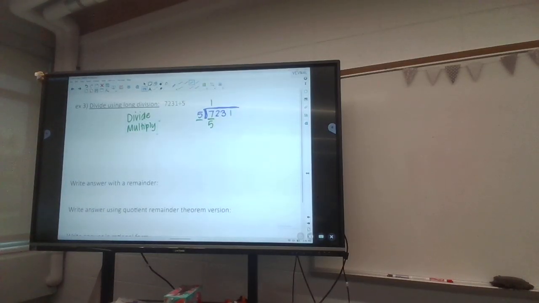Now we will subtract. I want to make sure I write it down because when we start using variables with it, I'm afraid you might forget the steps. So we subtract: 7 minus 5 is 2, and then I bring down that next digit.